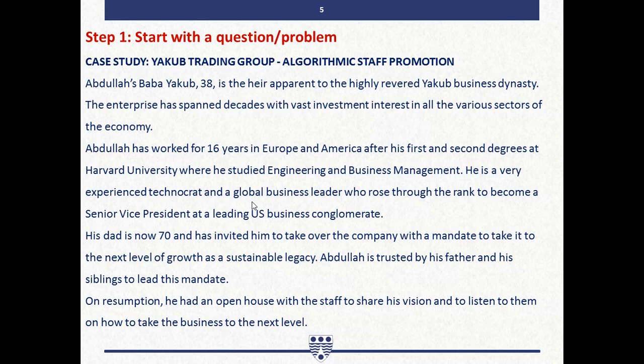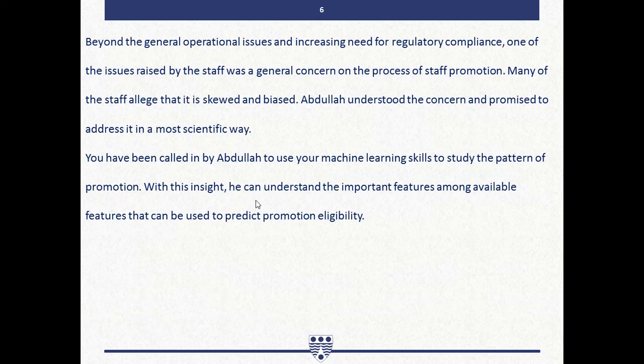After many years of studying and working in Europe, he decided to come back to Nigeria to inherit the family business. Upon his resumption of duties in the company, the staff summoned him and laid a very important complaint to him, that some of them have been unfairly treated, in the sense that some of them have not been promoted while they are supposed to be promoted.